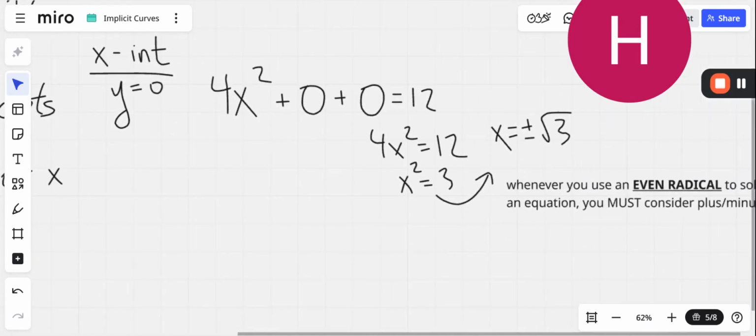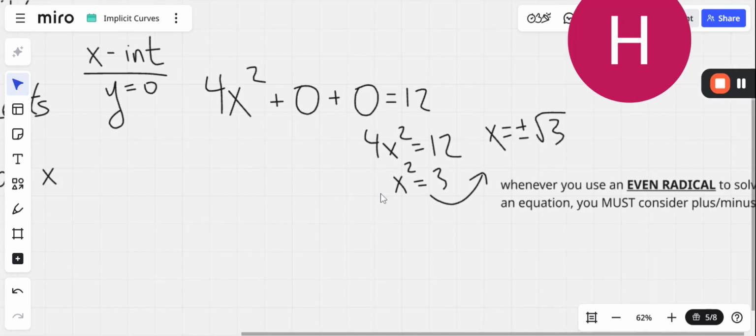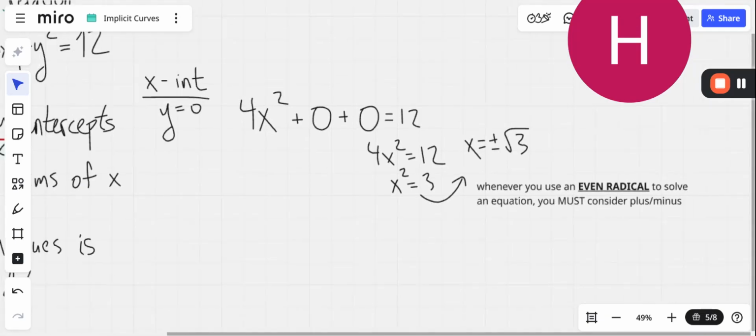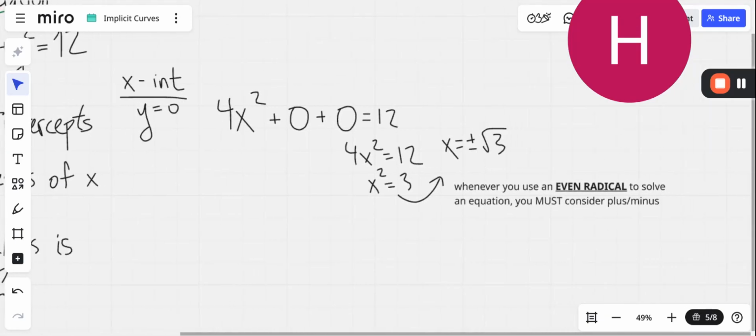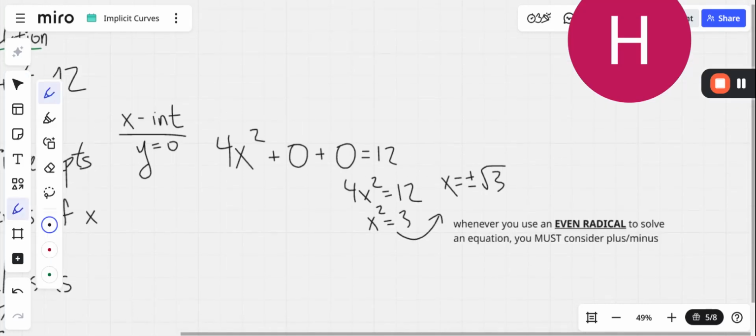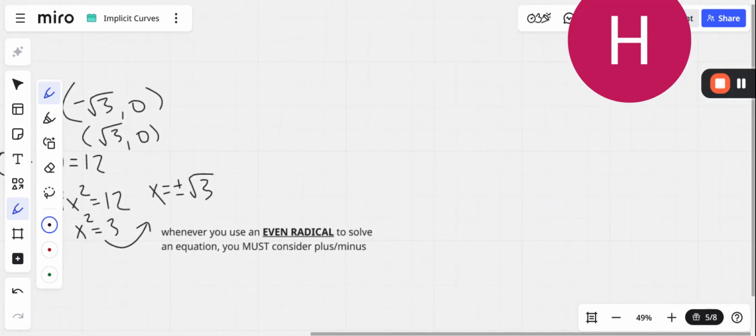And especially because in this case, we have multiple y values that could exist for a given x value. We'll also want to do this when we're solving an equation with y's in it. So there are our x-intercepts. We have 2 of them. We have negative square root of 3 comma 0 and positive square root of 3 comma 0. Great. Now let's find the y-intercepts.